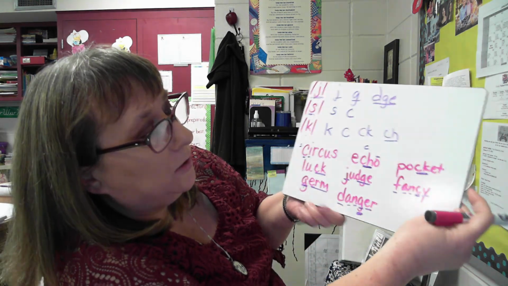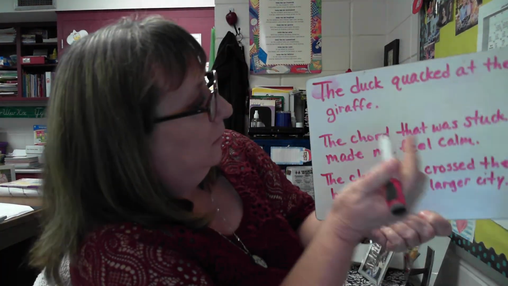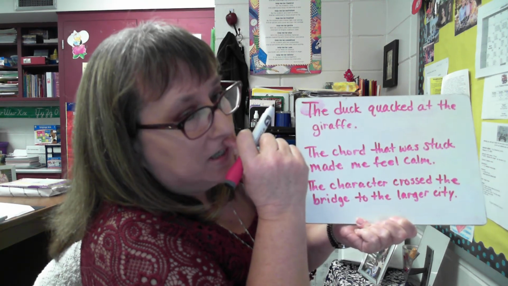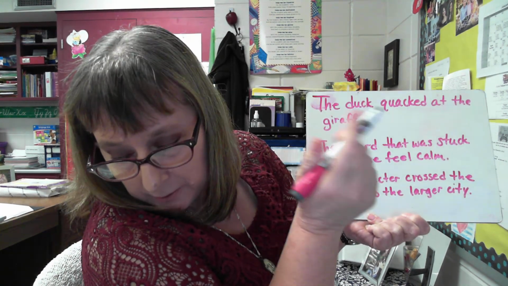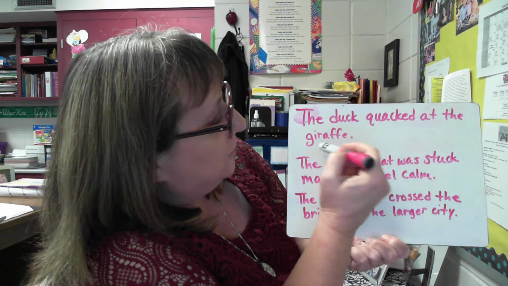Again, our test will be on Wednesday, a week from today, which will be the 10th, on these particular sounds or letter settings. All right, now I want you to read these sentences with me. We're going to identify the words that have these sounds of j, k, and s in them. The duck quacked at the giraffe.